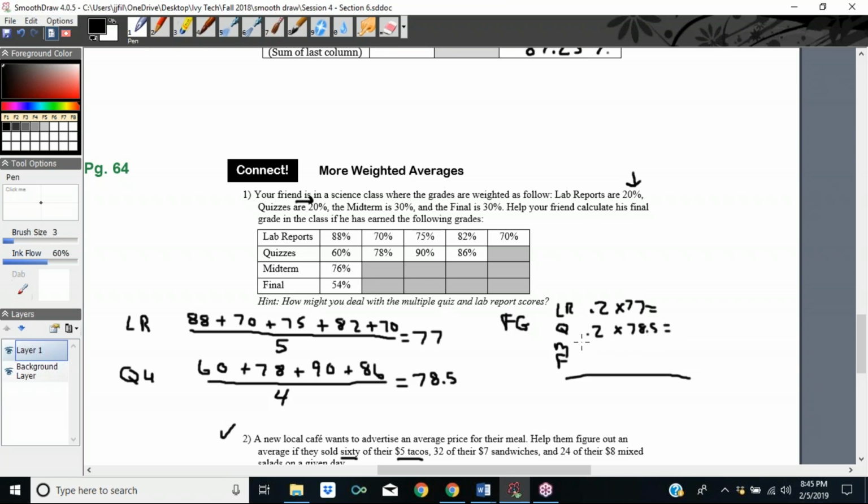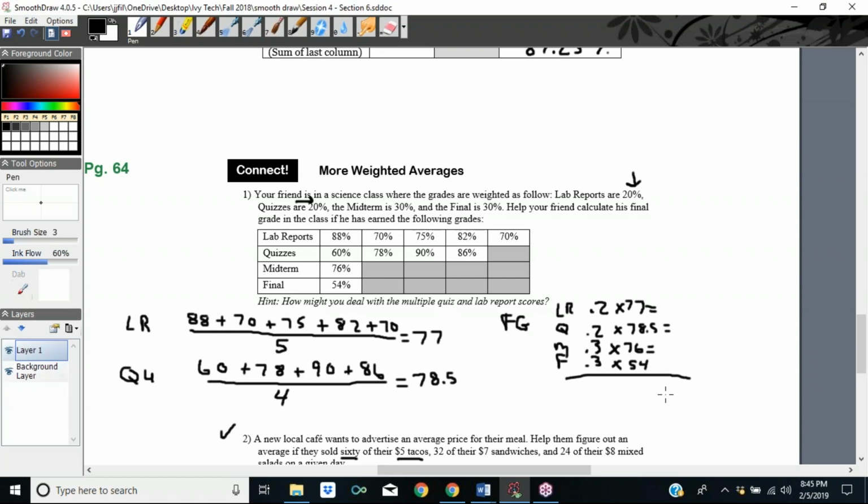The midterm is 30%, so 0.3 times 76. And the final is, let's see, 30%, so 0.3 times 54. We'll get each of these values and we can just add them up to get the total.